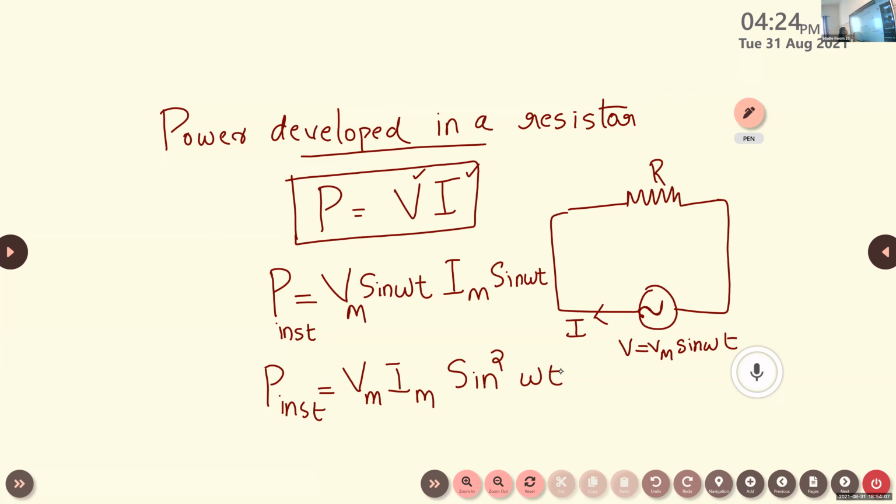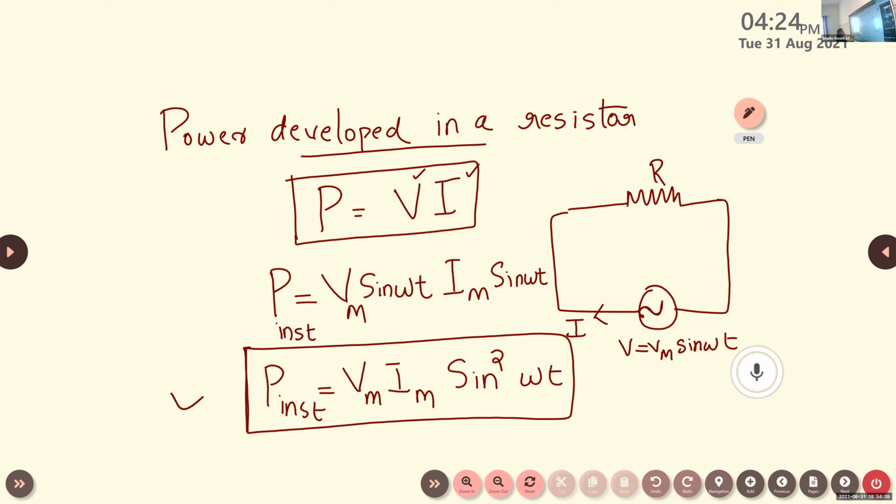So this is the instantaneous value of power that is developed in an AC circuit when it is connected to a resistor, if a resistor is connected to an alternating source of EMF, V is equal to Vm sin omega t. P instant is equal to Vm Im into sin square omega t. So here we start from the general equation P is equal to VI.